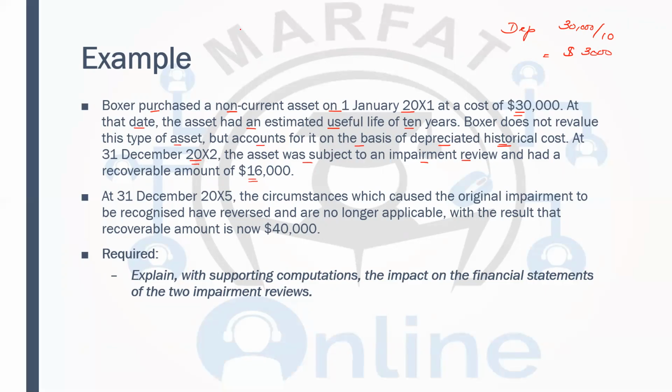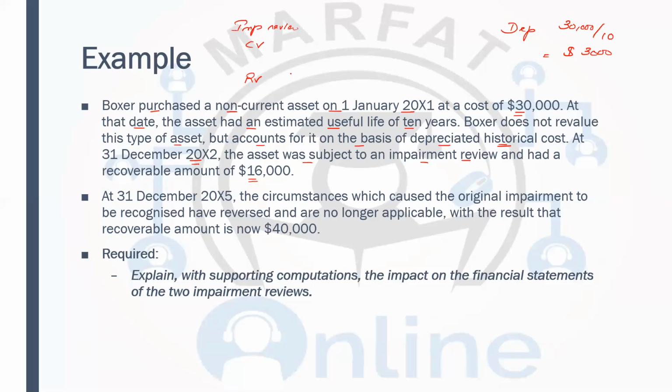We know that whenever we are conducting an impairment review, we are comparing the carrying value with the recoverable amount. Now, at what date are we carrying out the impairment review? On 31st December 20x2. That means 2 years have passed since we bought it.